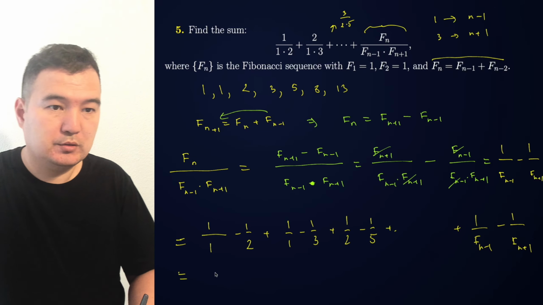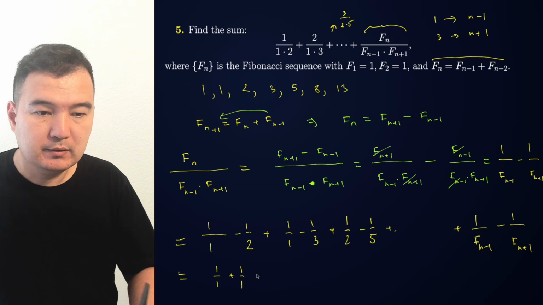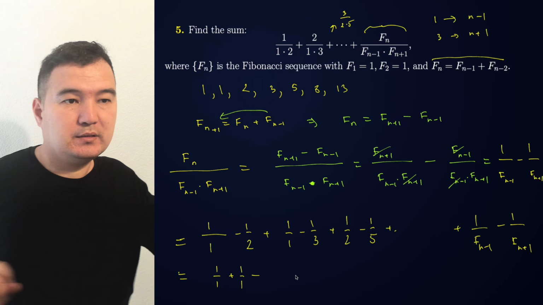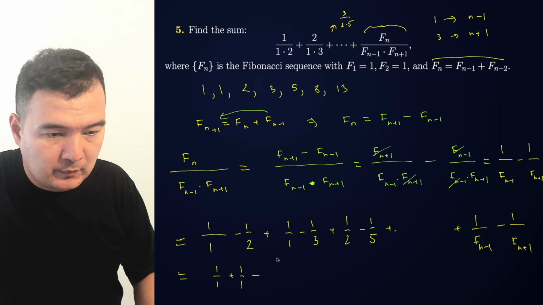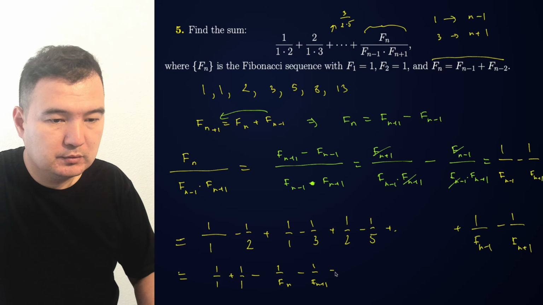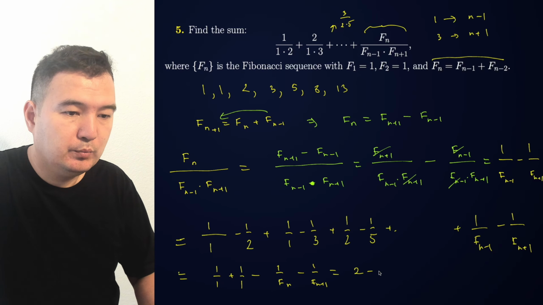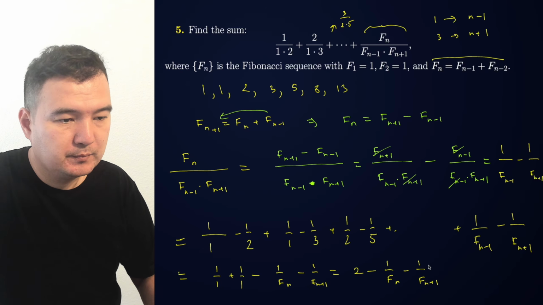First and second, 1 plus 1 over 1, and then minus the last two. The last two will be in the negative form, so 1 over Fn minus 1 over Fn plus 1. Or that's 2 minus 1 over Fn minus 1 over Fn plus 1.